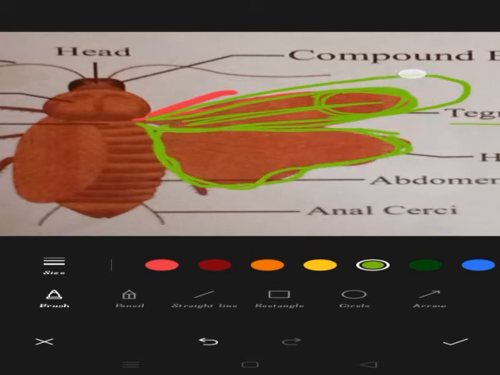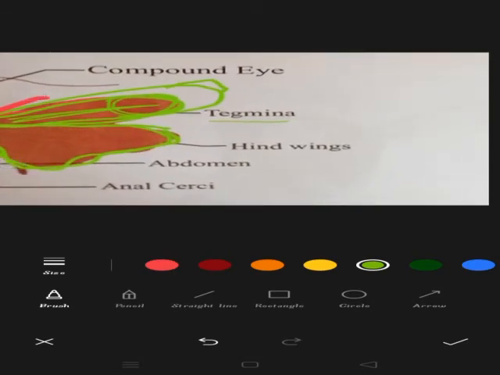The first wing is called the forewing and the second one is the hindwing. The forewing is not useful for flying; it is only to cover and protect the metathoracic wings, and it is also called the wing cover or tegmina. So let us study the second wing.